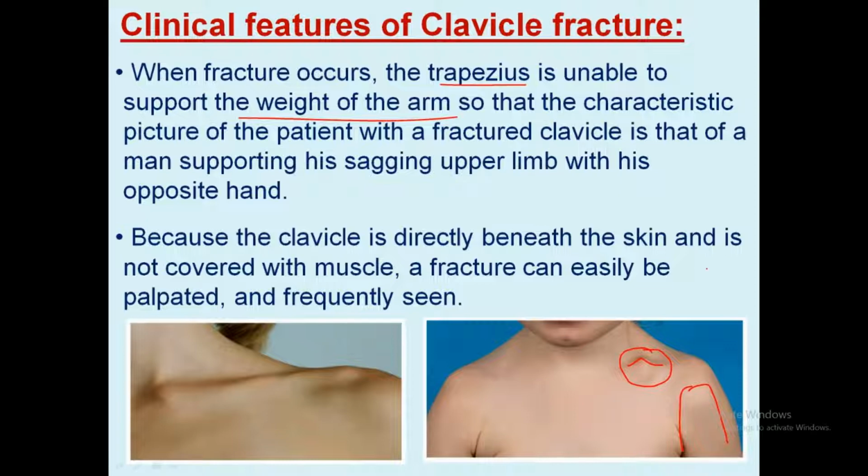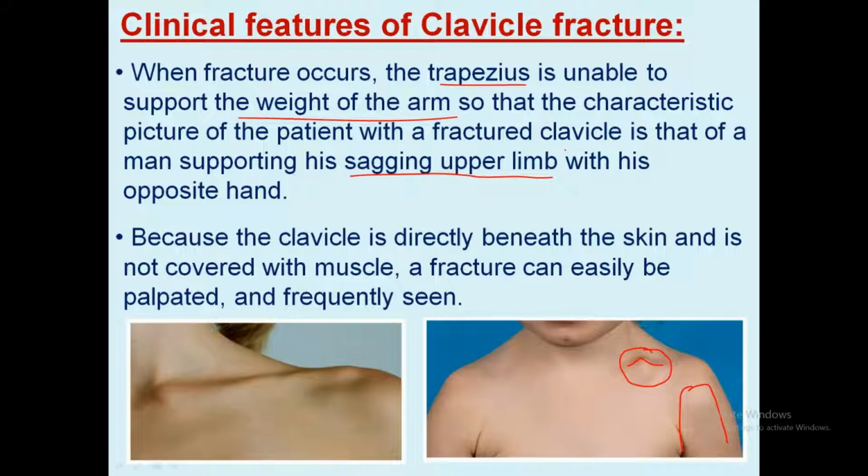So அந்த பேஷண்ட் அவங்களோட clavicle fractured ஆயிருந்துச்சுன்னா அவங்களோட sagging upper limb, sagging upper limb அப்படின்னா hanging down too much, that is அவங்களோட upper limb கீழே அவங்களால பிடிக்க முடியாம கீழே இருக்கு.